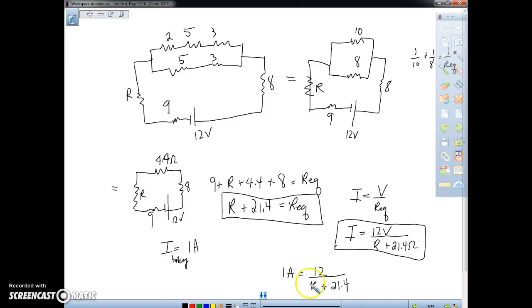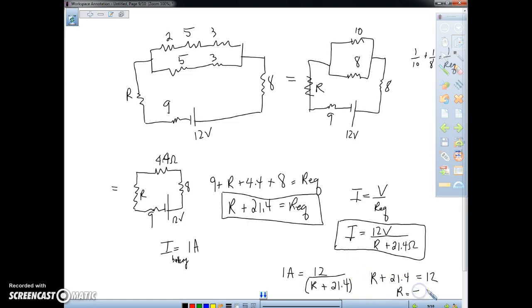So I would solve this by multiplying this whole thing up to here, which would become R plus 21.4 equals 12. Now notice it was times 1, so that's why it's left like this, which makes it 21.4 minus 12. I'm sorry, 12 minus 21.4.